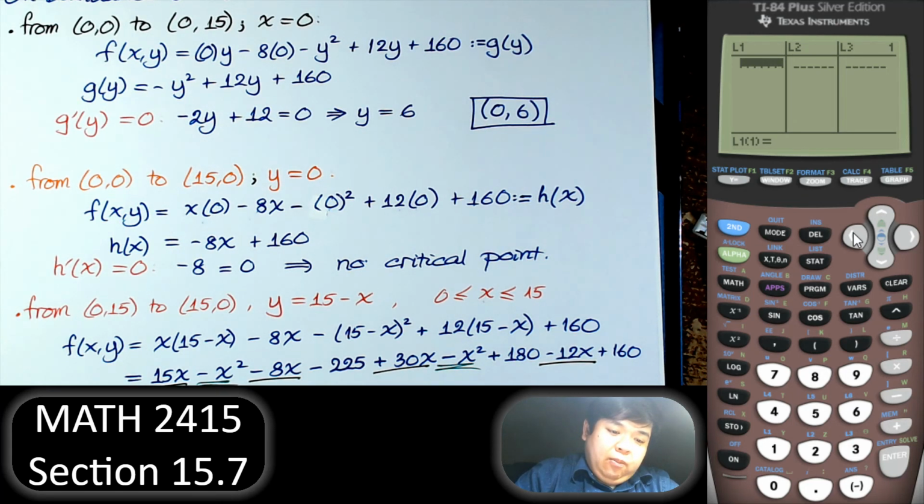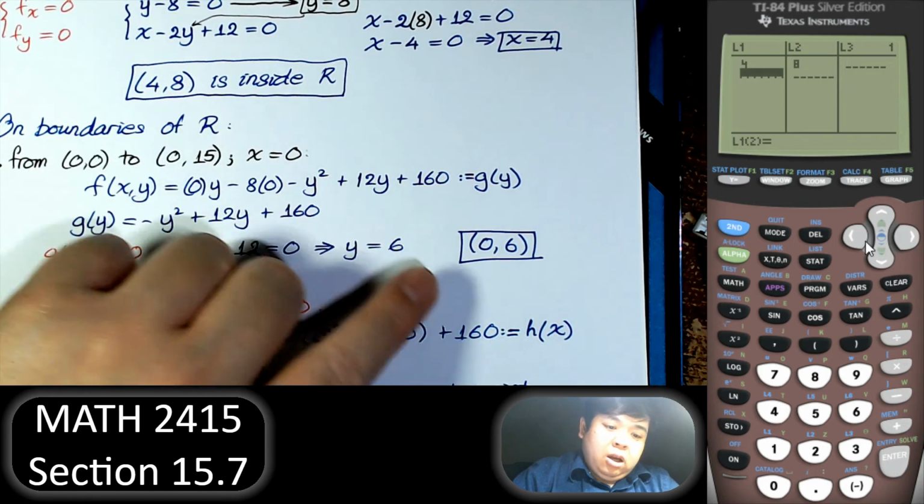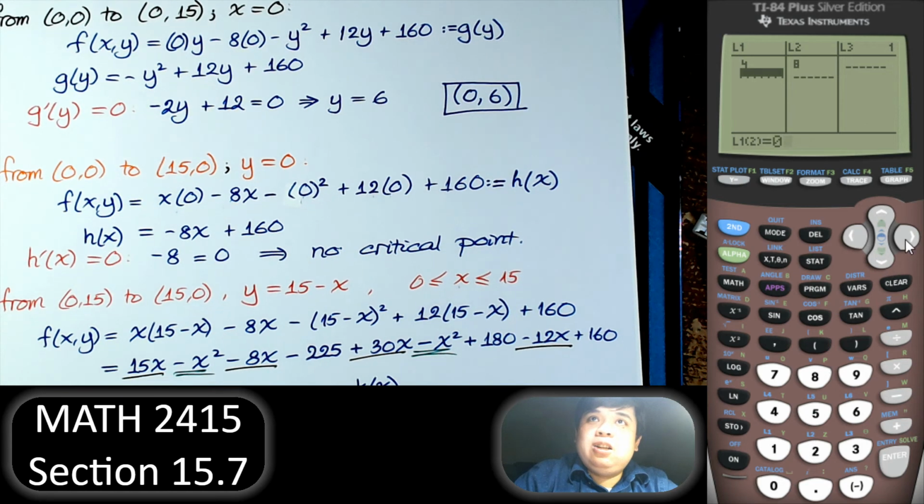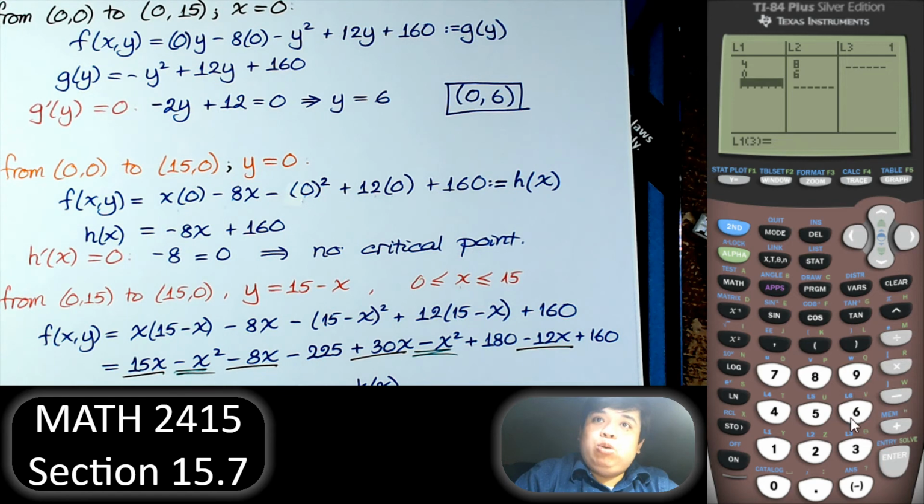Now, the points 4 and 8. Zero and 6. 6.25. So those are the points we find.